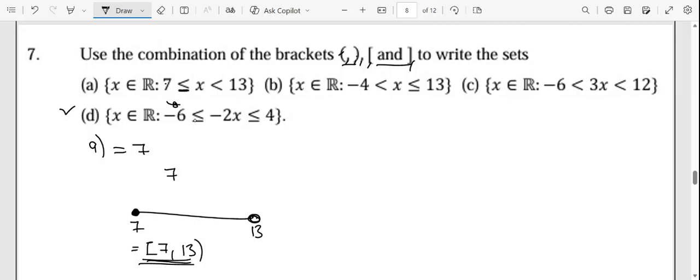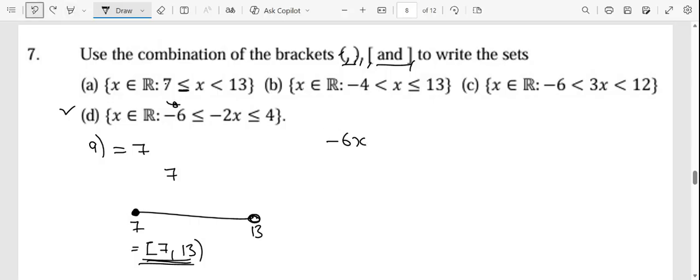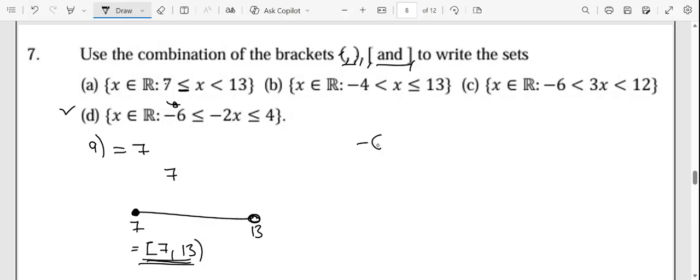You can see that this can be simplified. So we have negative 6 is less than or equal to negative 2x, which is less than or equal to 4.